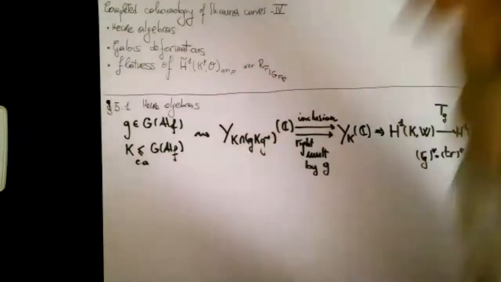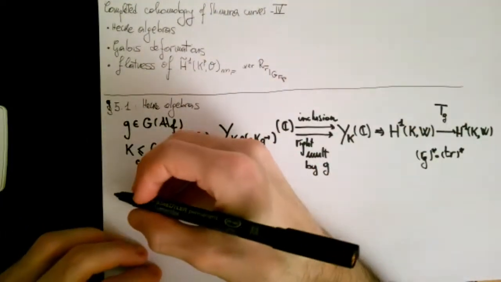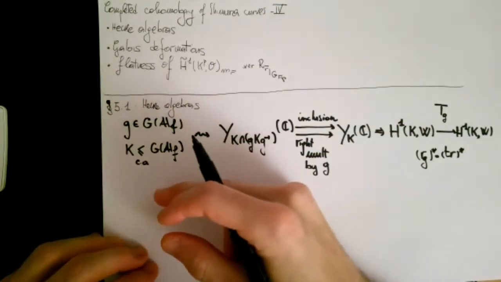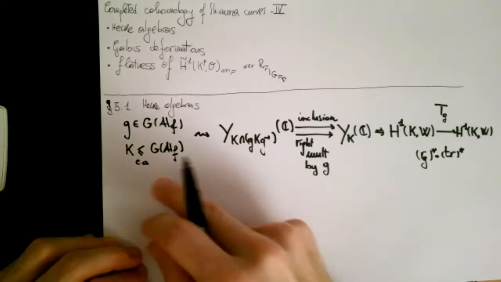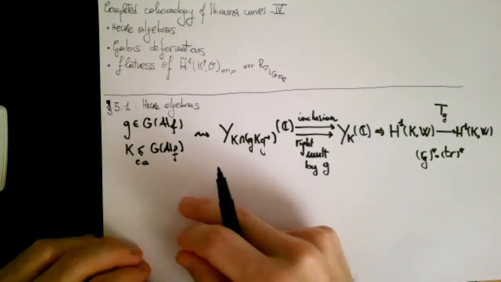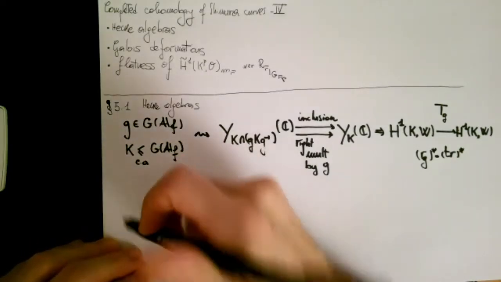Okay, so now, if I pick a place where my quaternion algebra is split and the level is maximal compact, I define very specific such operators.